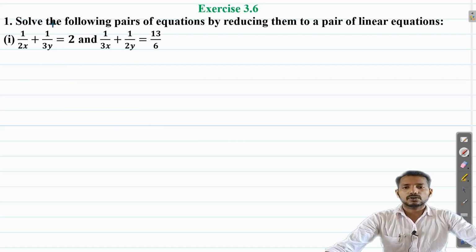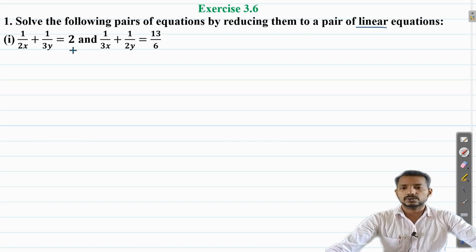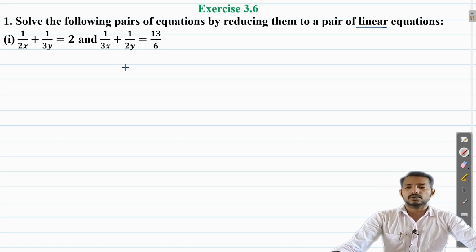First question: solve the following pair of equations by reducing them to a pair of linear equations. Here two equations are given which are not in linear form. So what can we do to make them linear?